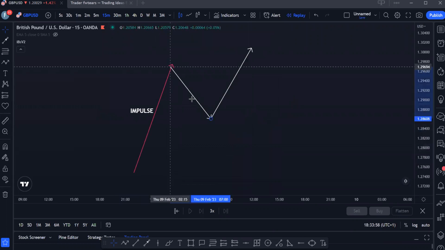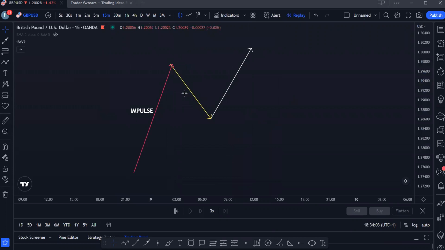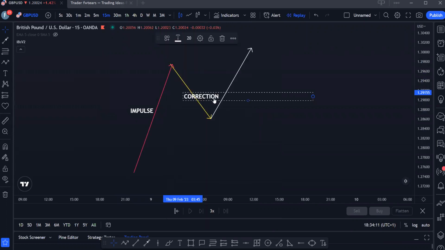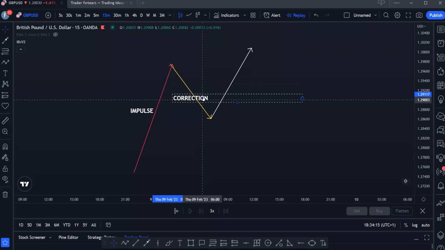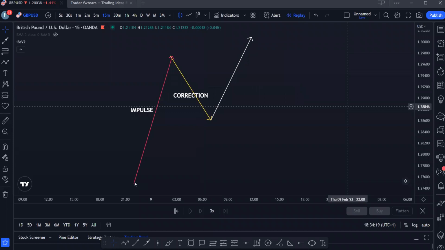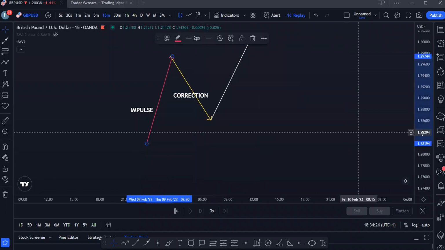The one going down, let's change it to yellow, is called a correction. Some people will call it retracement. Some also call it a pullback. But the right term to use is a correction, because this is a corrective move.